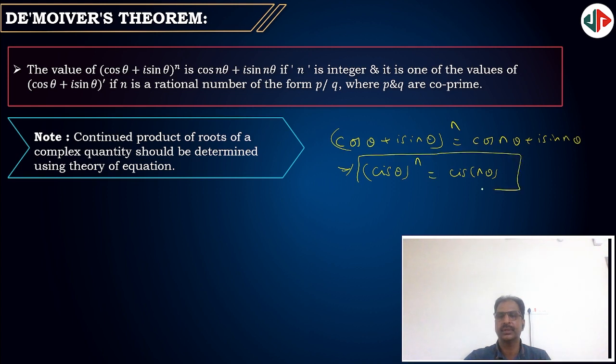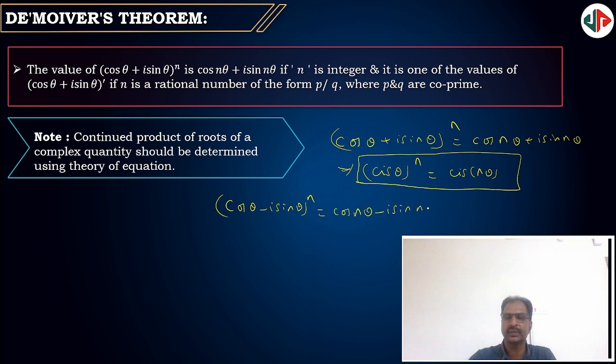This is what is meant by De Moivre's theorem. Similarly, cos theta minus i sin theta whole power n is cos n theta minus i sin n theta, that is, cis minus theta whole power n is equal to cis of minus n theta.